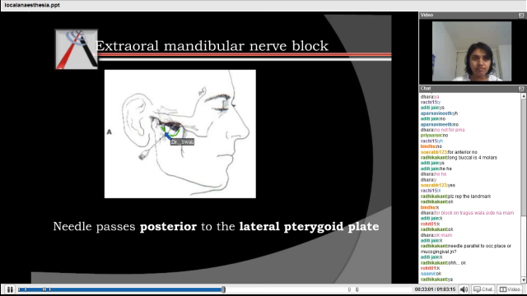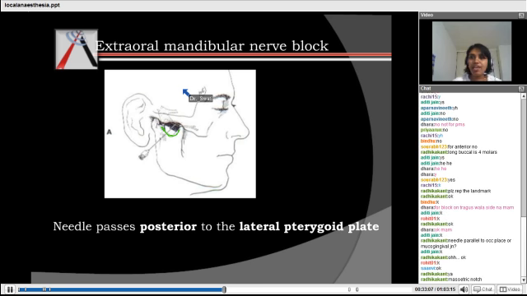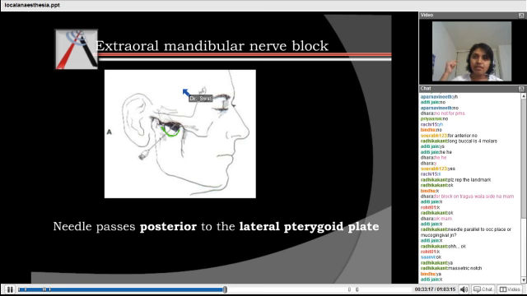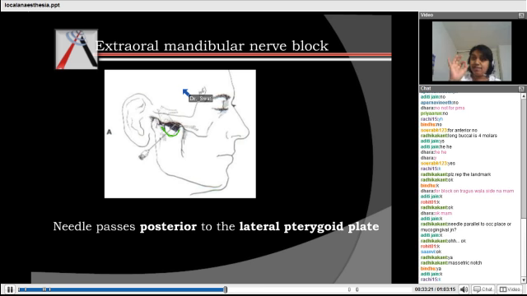The zygomatic process and this notch. We insert the needle between that gap, straight.